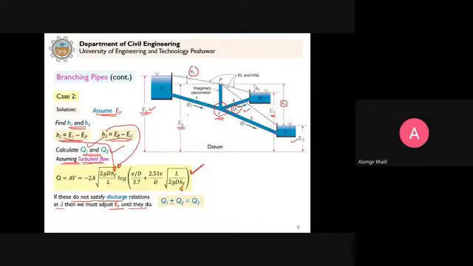So we have case A or case B. In that case, it will be Q1 plus or minus Q2 equal to Q3. Because we discussed the two cases: either we have Q1 equal to Q2 plus Q3, or in the second case, Q1 plus Q2 is equal to Q3.